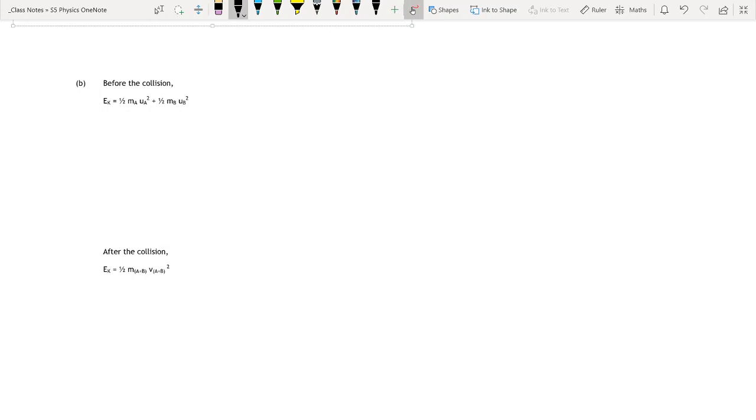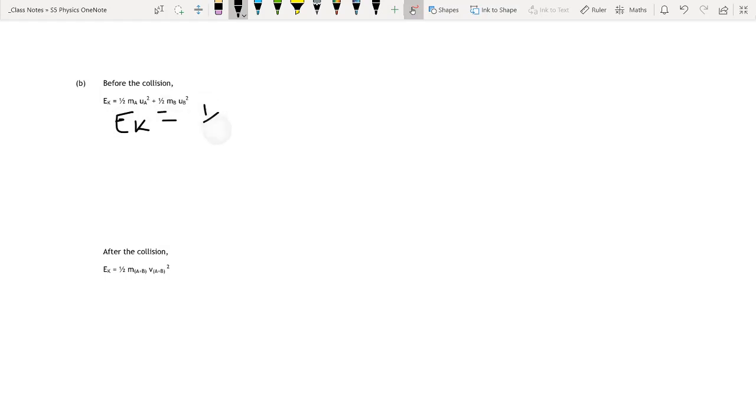So before the collision, we've got the kinetic energy is half times the mass times the initial speed squared of A plus half times the mass times the initial speed squared of B. So work that out. I'm sure you can do that without my help, but I'll just write it down slowly. So the mass of A we now know is 1,200.